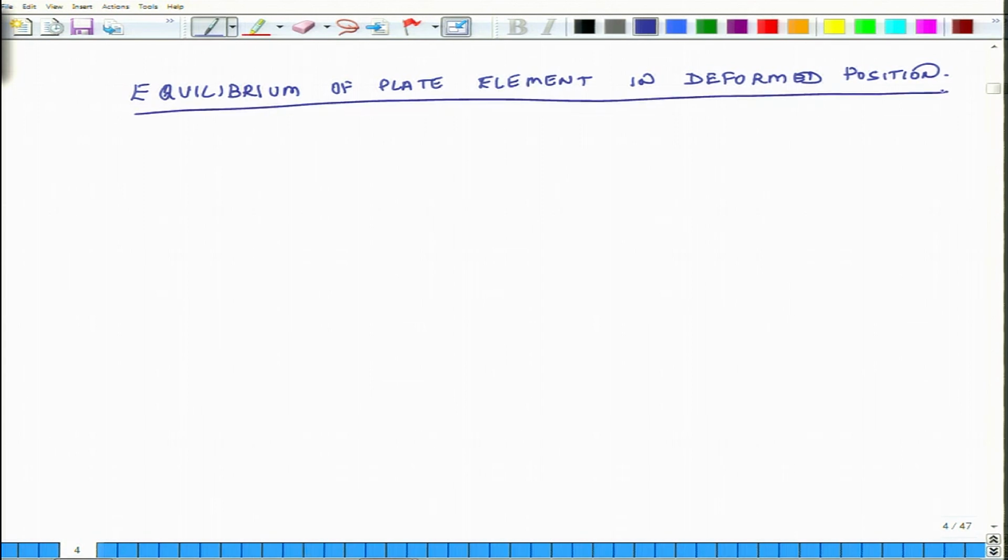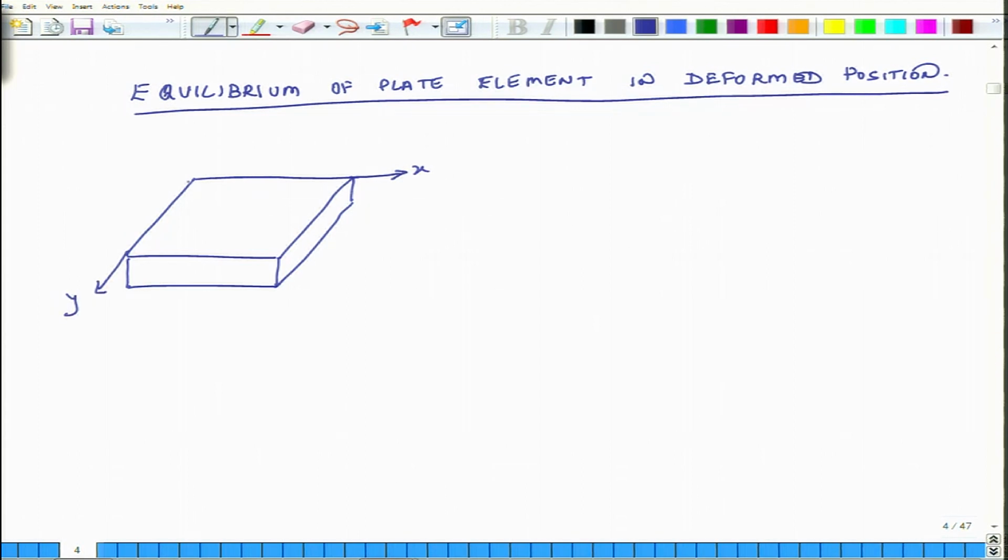In deformed position. So, this is a small plate element, and let us consider that this is x, this is y and this is z.